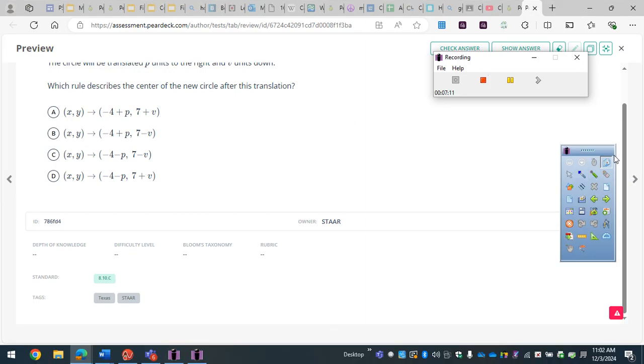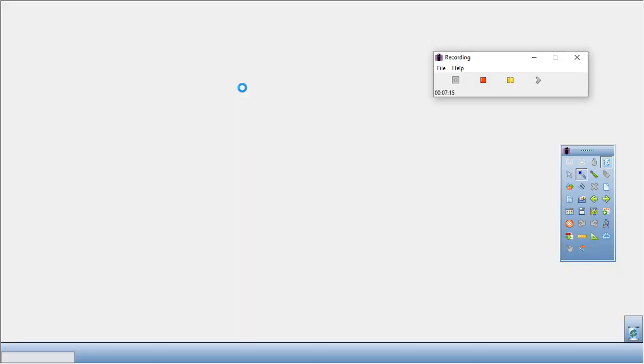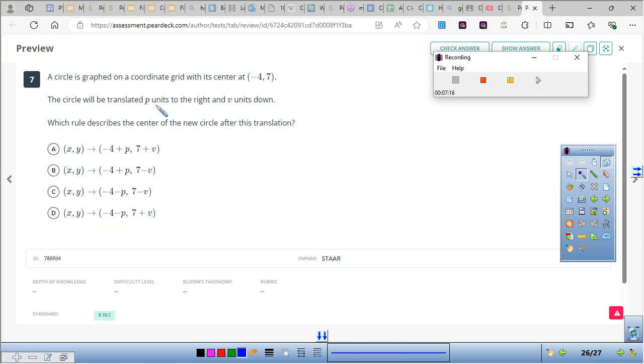Okay, so there's some stuff going on here. There it is. So -4/7, right? It'll be translated p units to the right. So at whatever it is, we're going to go x plus p. It's p units to the right. And then v units down. So to go down, I'll go y minus v. And that's it.